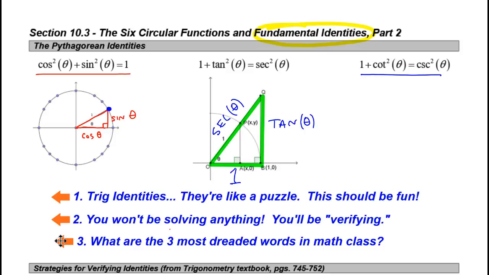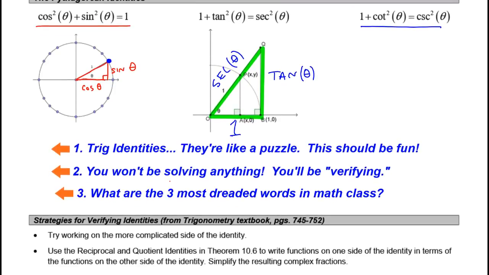What are the 3 most dreaded words in math class? Folks, what are they? Go ahead, turn to your shoulder partner and see if you can come up with a guess for what the 3 most dreaded words in math class are. You got them? Okay, here they are: Show your work.